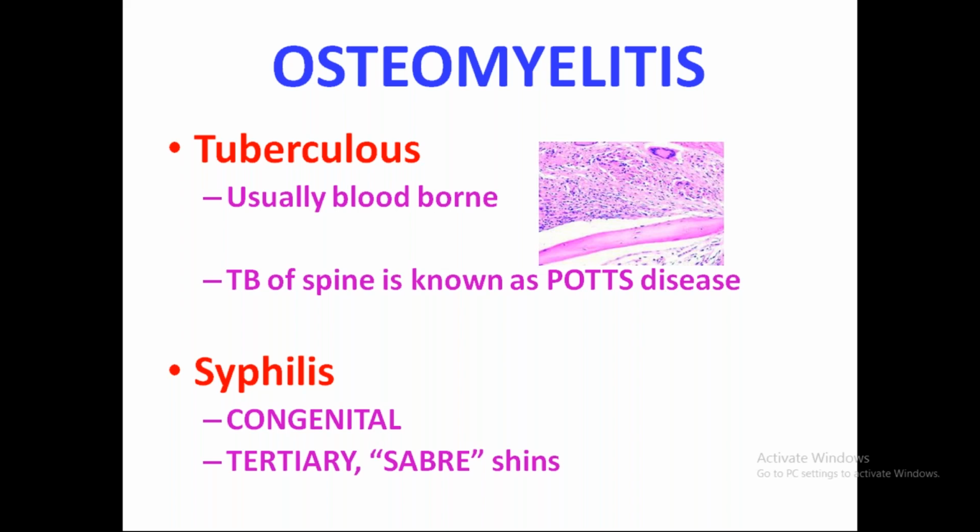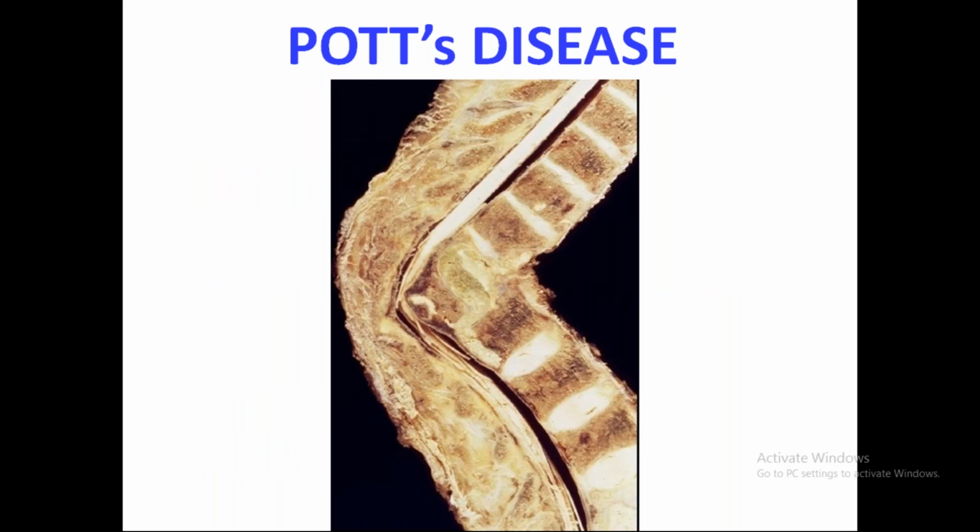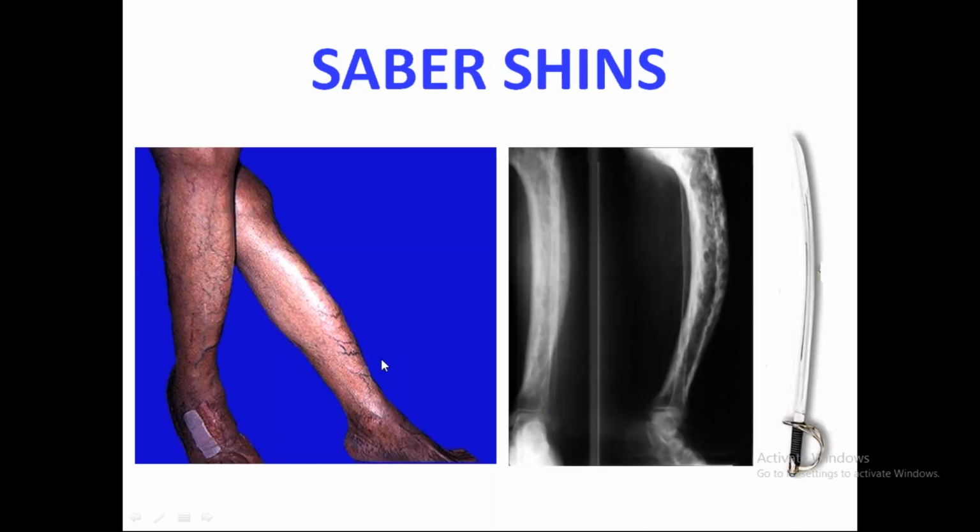It can be congenital, or tertiary syphilis produces saber shin, which mainly affects the tibia. You can nicely see a granuloma here, and this is the spine which has undergone a bend. Here you can see nicely a granuloma from which you need to take a biopsy and send. Okay, this is saber shin.